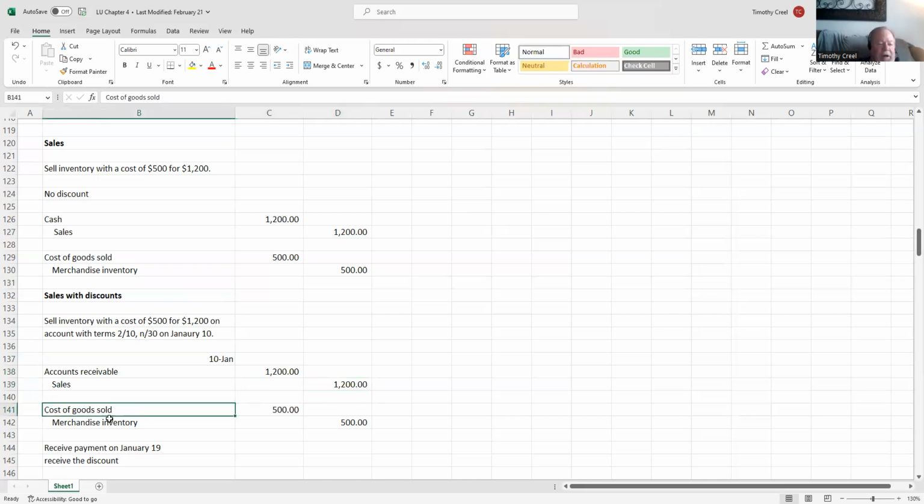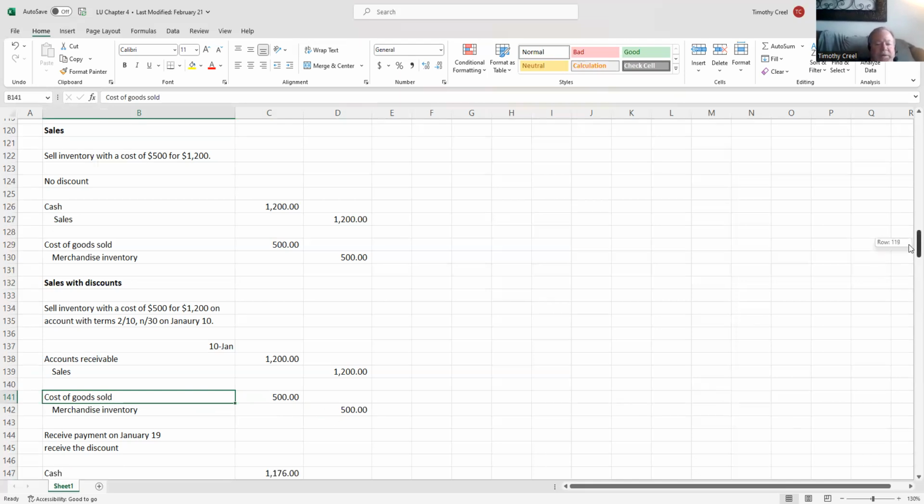Then we'd debit cost of goods sold and credit merchandise inventory, where we recognize taking the goods out of inventory and the expense we paid for that inventory. Cost of goods sold is an expense account, and it represents your cost of the inventory item that was sold.